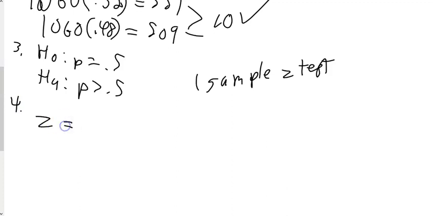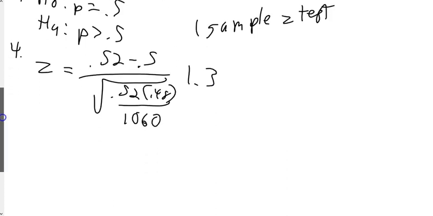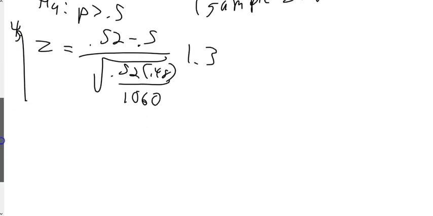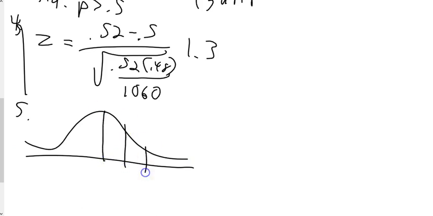We do our simple calculation. 0.52 minus 0.5 over the big old square root of 0.52 times 0.48 over 1,060. And when we do that, we get 1.3. So for number 5, when we draw our graph, 1.3 is going to be about there, just approximately.